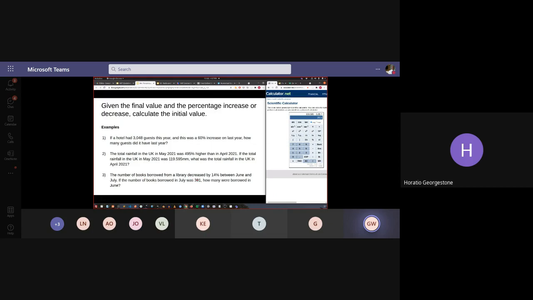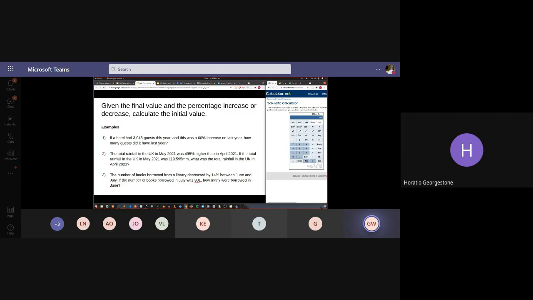And then finally, the number of books borrowed from a library decreased by 14% between June and July. If the number of books borrowed in July was 301, how many were borrowed in June? Okay, so if it decreased by 14%, that means that it went down to 86% of the original, because 100% minus 14% is 86%.